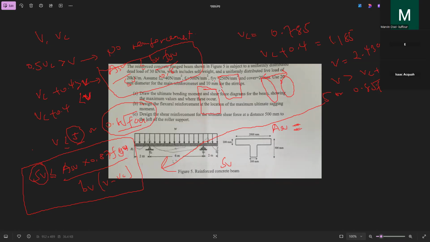We know that they are rings, sorry, we call them rings. Their diameter has been given as 10 mm. So because they are 2, it is 2 times pi over 4 times 10 squared. So what is that giving us?